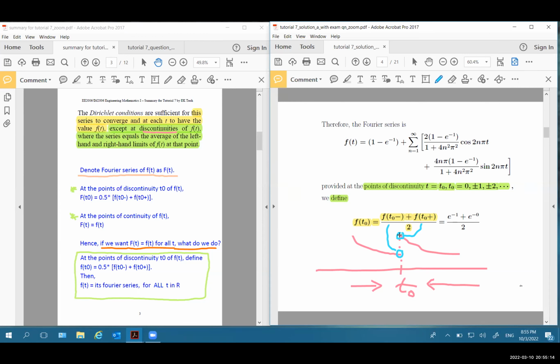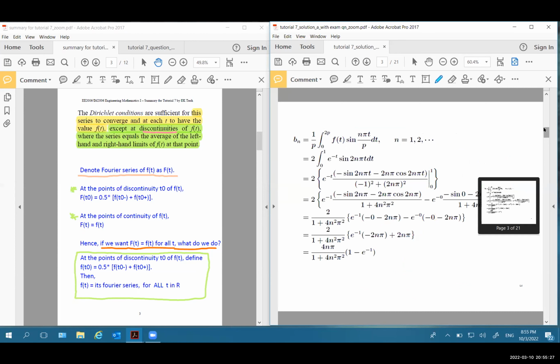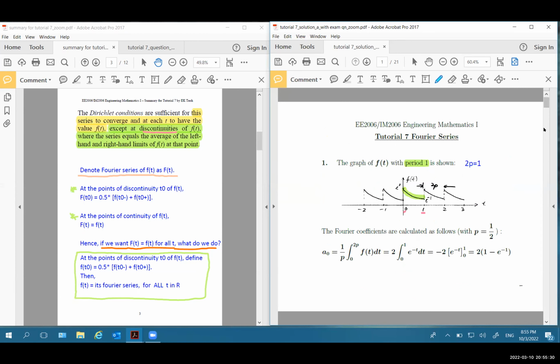Now it's actually the average of these two points: this plus this, over 2. It's e to the power minus 1 and e to the power 0. So let's go to our graph. For example, the average of these two points, this point here and this point here.